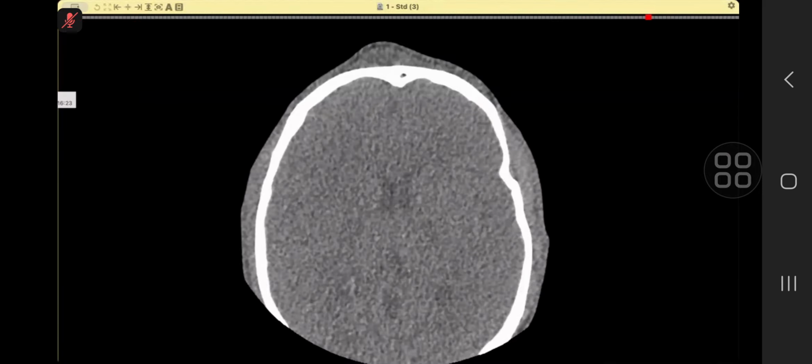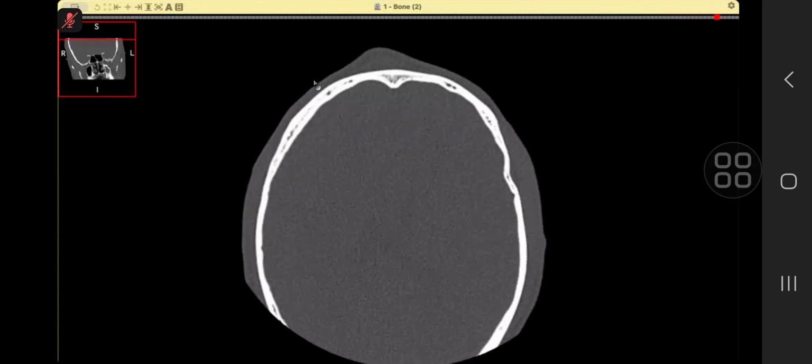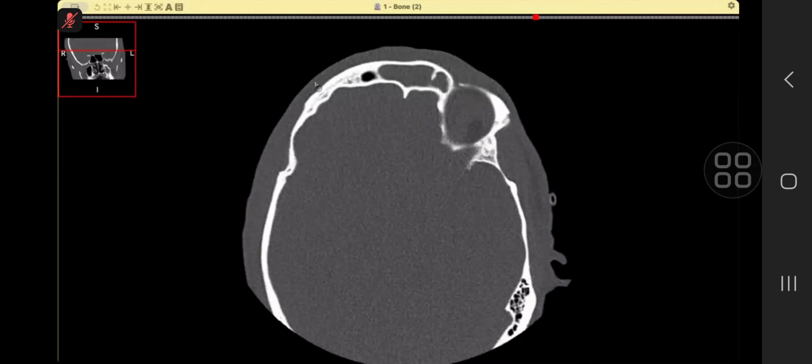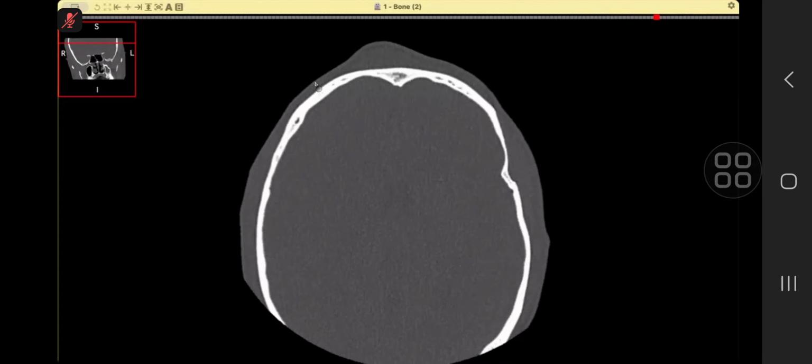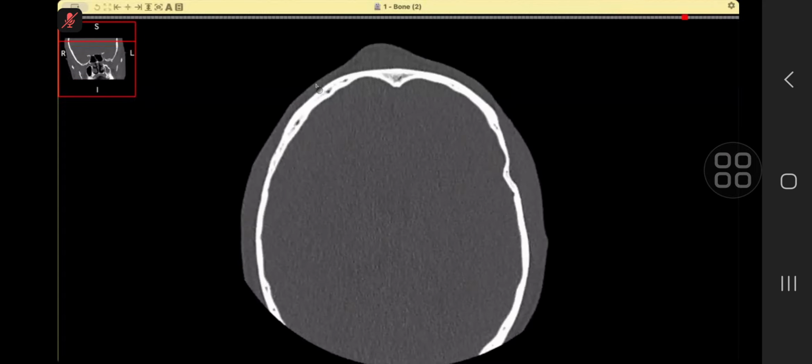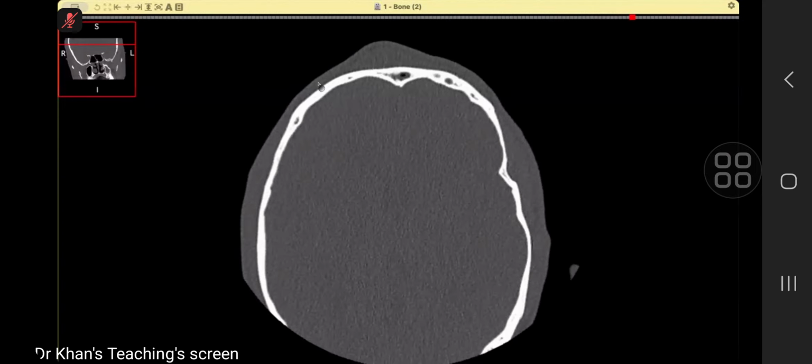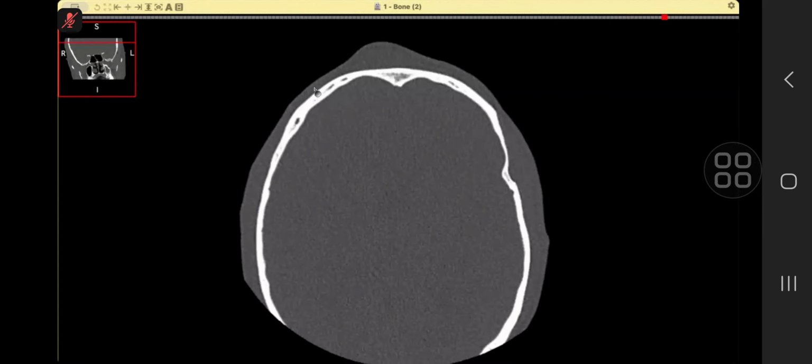This may be a subperiosteal abscess due to the inflammation in the frontal sinuses. This is my diagnosis, Pott's puffy disease. What will you do? I would like to do a CT with contrast to confirm the diagnosis.